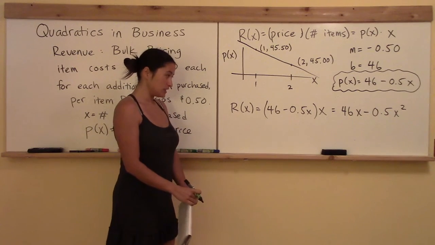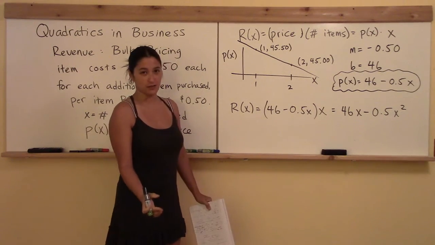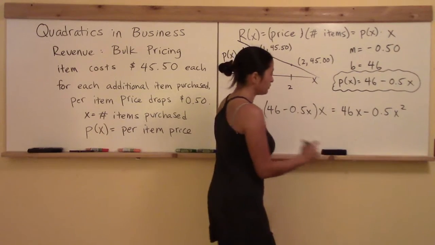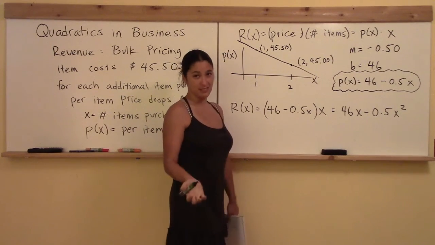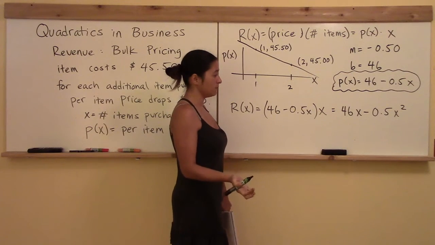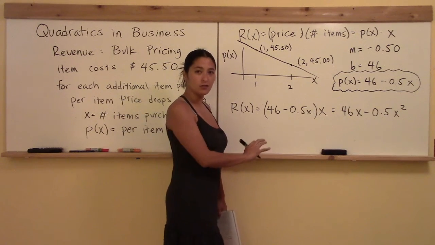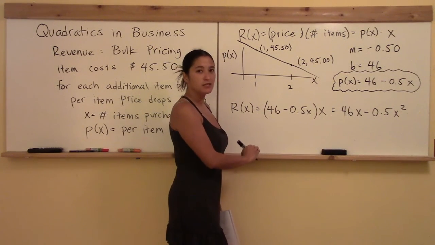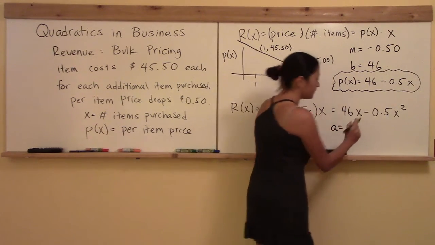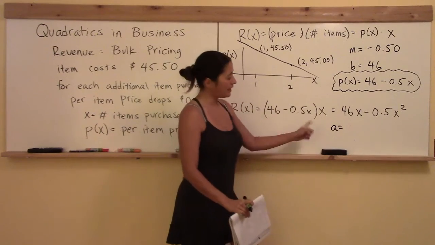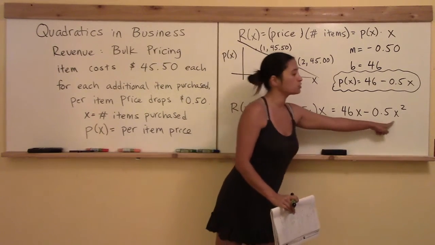What type of function is it? Quadratic function. Alright, so if it's a quadratic function, let's see if we could recognize what's the a, b, and c, just in case we need to use them. Why don't you go ahead and write down on your page, what's the a, b, and c? Okay, the a, now watch out because this is out of order. The a always gets multiplied by the x squared term.